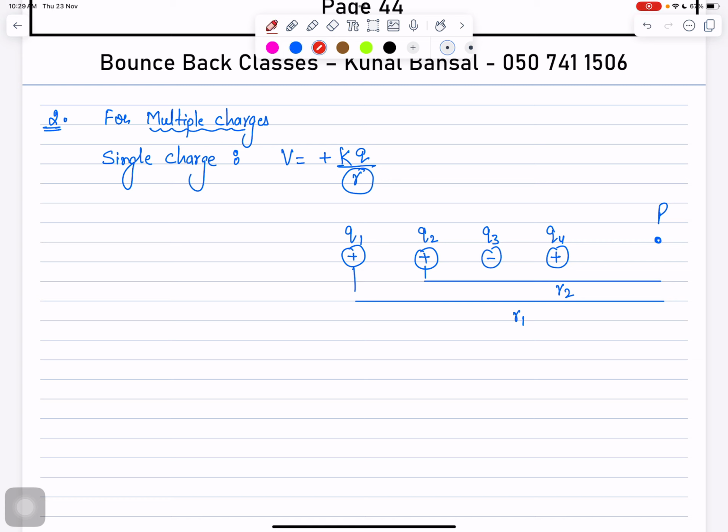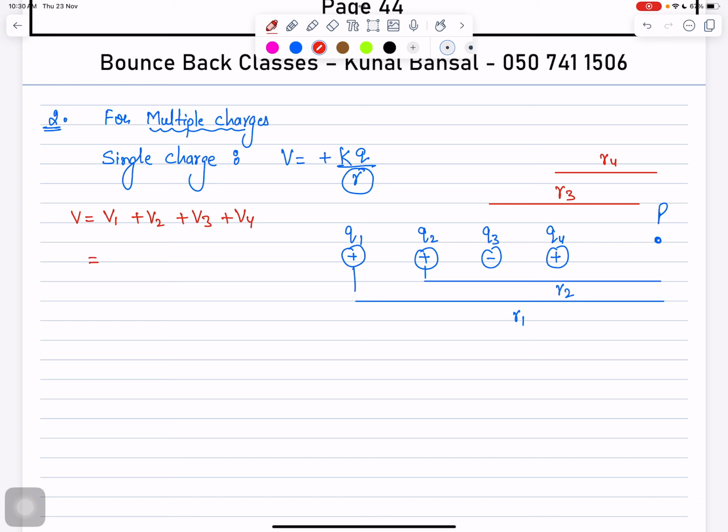I'll change the color. R3. Because of Q4, this is your distance, R4. All distances are different. So can we say that V1, V2, V3, V4 are different? So what is the total value? V should be equal to V1 plus V2 plus V3 plus V4.